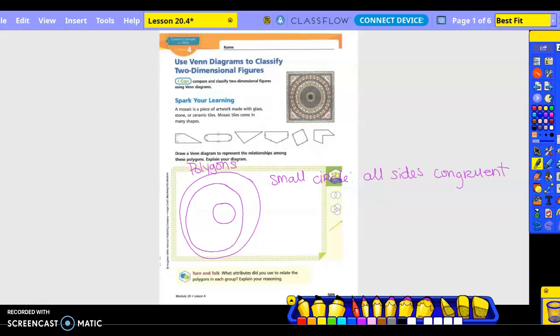Once again, I'm not going to make you redraw the shapes, so we're going to number these as 1, 2, 3, 4, 5, and 6. So which one would go in the small circle? 5, because it's the only one with all the sides congruent. So basically, we're going to focus on the sides, right?